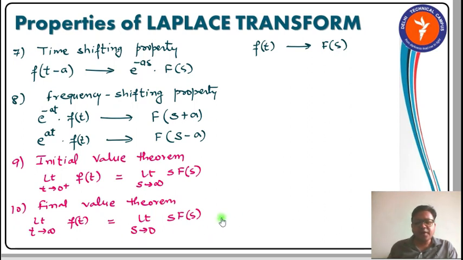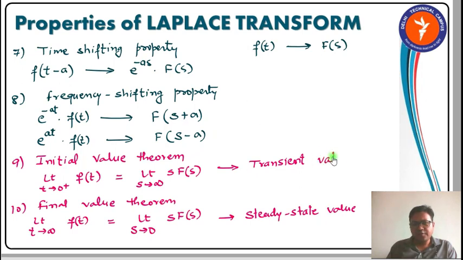By final value I mean the steady state value. By using this I can calculate the steady state value, and by using the initial value theorem I can calculate the transient value.